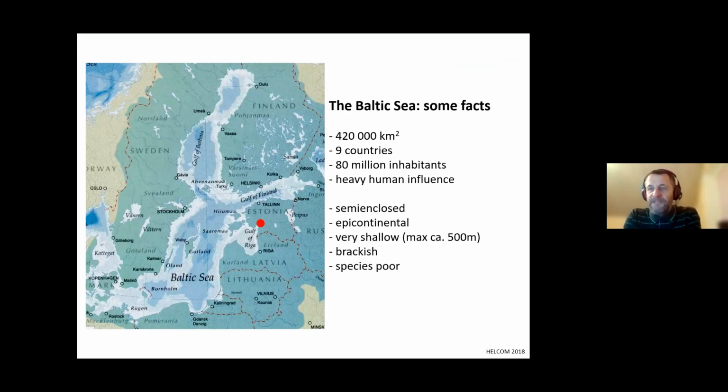As you can see, the Baltic Sea is quite elongated from north to south and from east to west. There are several sub-basins in it, and a very narrow and shallow strait connecting with the North Sea on the left-hand side, here around Copenhagen.